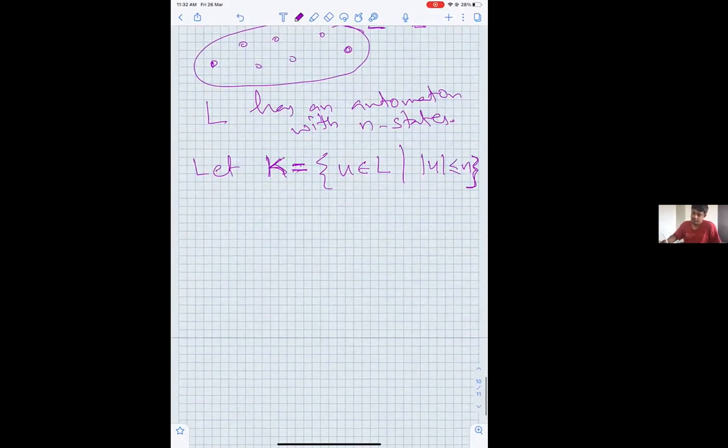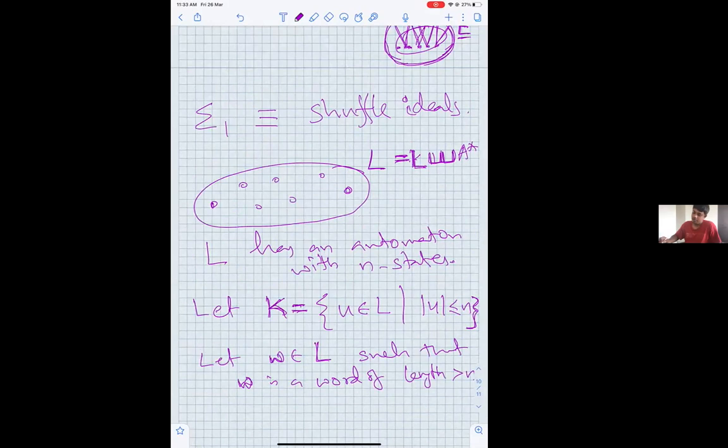Let's consider a word W in L of length greater than n. So this I'm going to say is going to be a minimal and complete automaton.